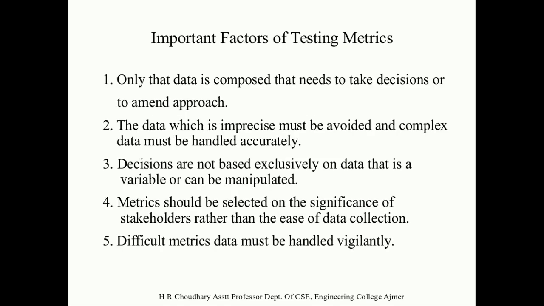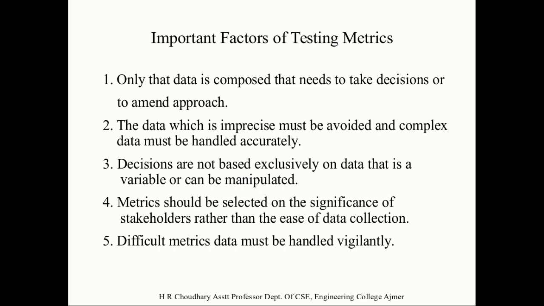Now the next slide is the important factors regarding testing metrics. We can see the important factors starting from one. Only the data that is needed to take decisions, the aimed approach, is composed.